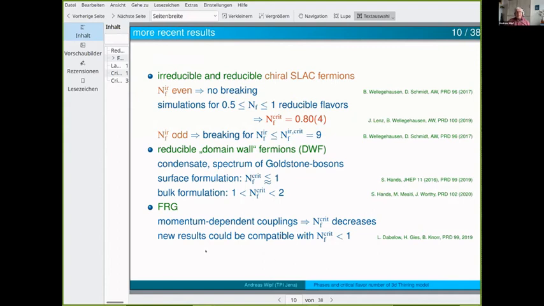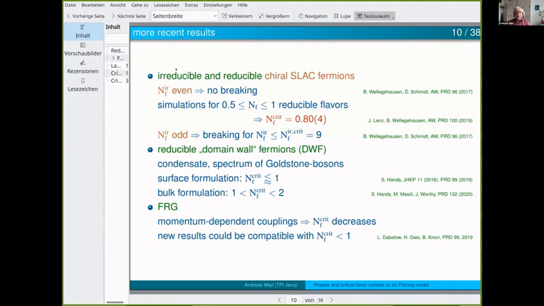Now the situation has changed in the last 3 years, and in a certain sense it has improved considerably since using chiral fermions. So there's the calculation we have done with chiral SLAC fermions. What we claim is that if the number of two-component flavors is even, so there's an even number of Dirac points, then there's never a breaking.